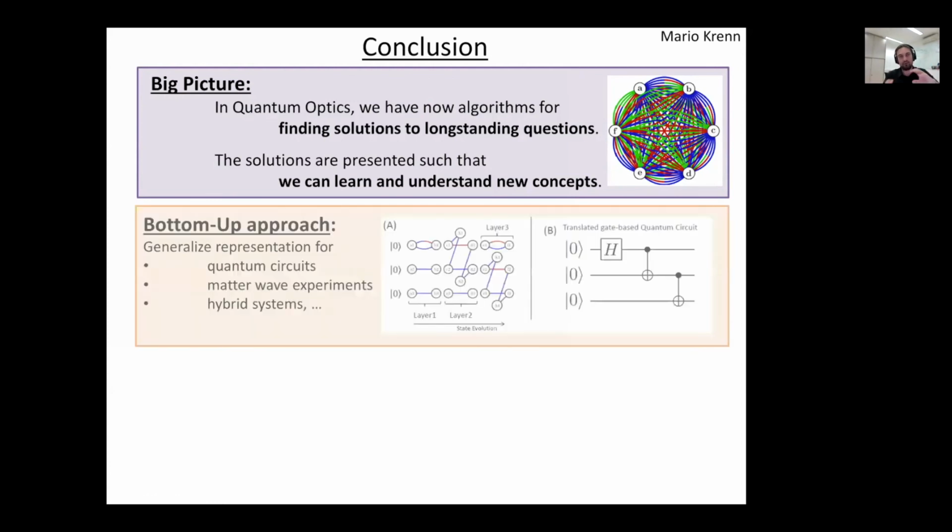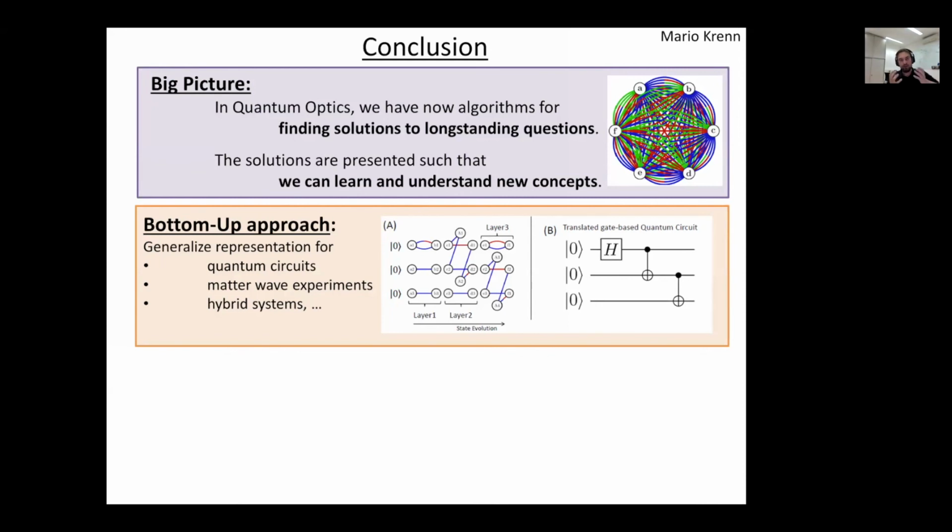But another point that I'm very excited about is that very recently we have found that this representation that seemed to be only useful for quantum optics can actually be generalized to other systems that have nothing to do with photons, to other quantum systems, for instance, to the design of quantum circuits for quantum computers. This is a question that is independent of photons, but we found a way to use our representation and basically exactly the same ideas to also solve questions in quantum circuit design.